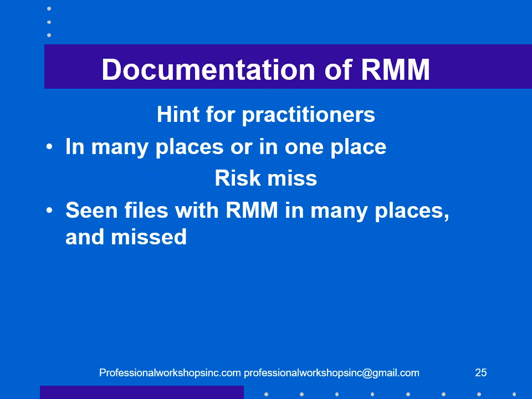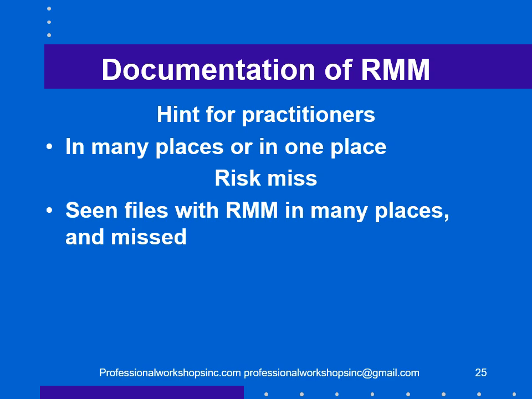Now a hint for practitioners on the documentation of risk of material misstatement. Because both 315 and 240 say consider the risk of material misstatement of this and consider the risk of material misstatement of that, so there's kind of a long list. And if your practice in filling out a checklist is to document risk of material misstatement in many, many places, the odds are you're going to miss something.